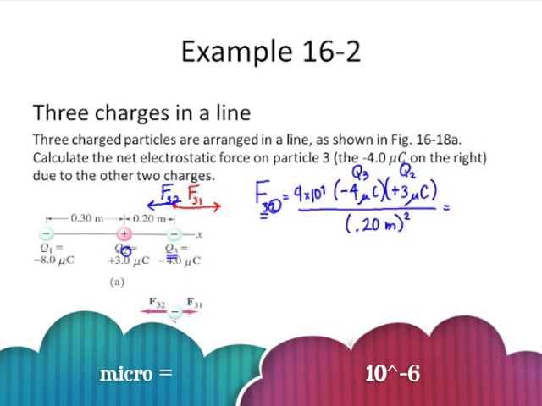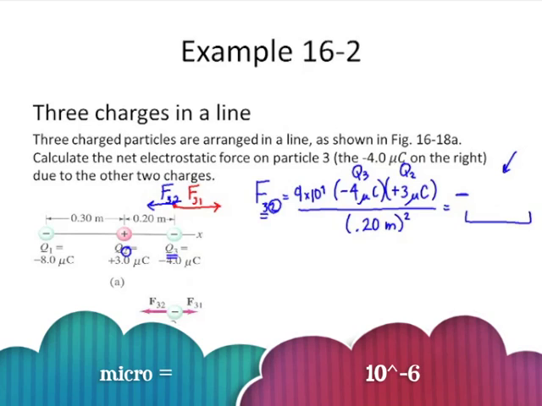So I know that towards the left, we got a positive times a negative. I'm going to get a negative value. Use your calculators to calculate the force between these two charged particles.